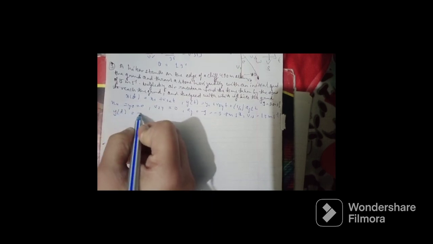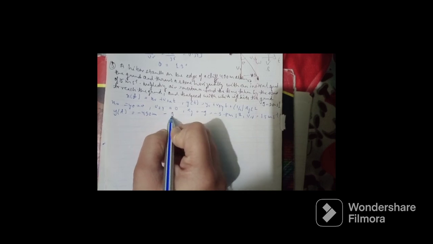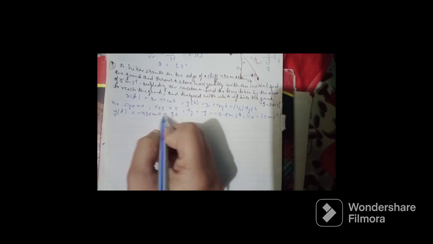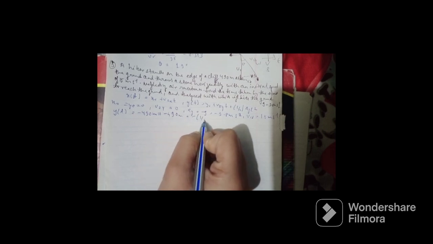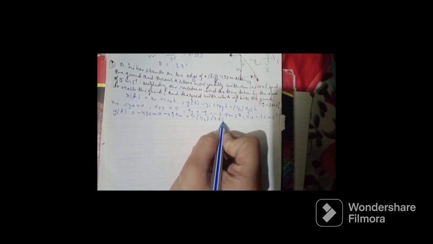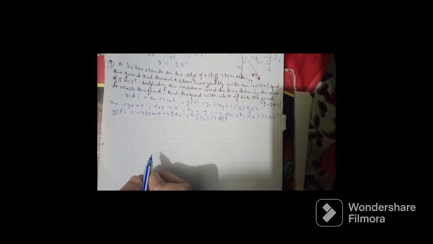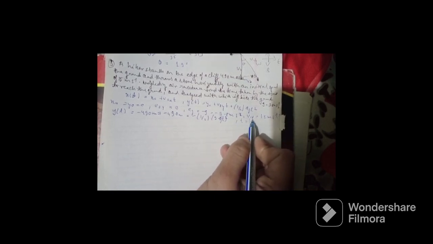The stone hits the ground when y of t equals minus 490 m, so minus 490 m equals minus 1 by 2 times 9.8 t squared. That gives t equals 10 seconds.